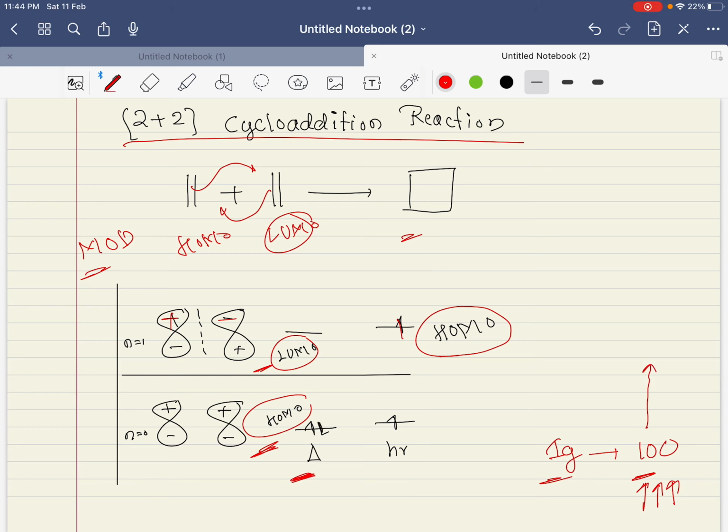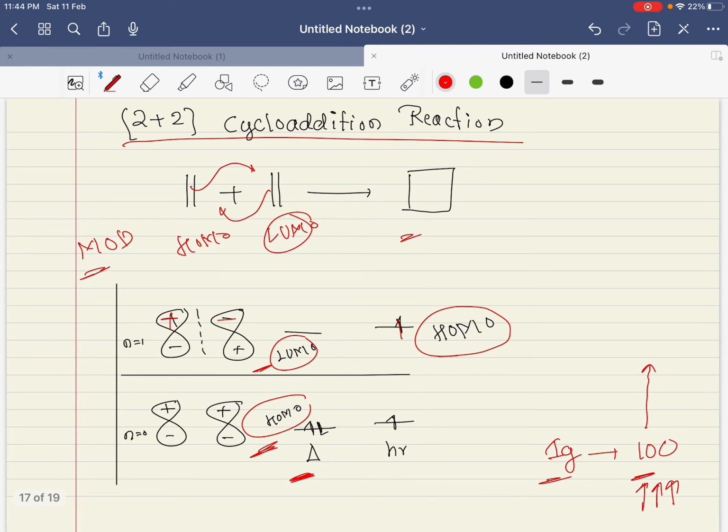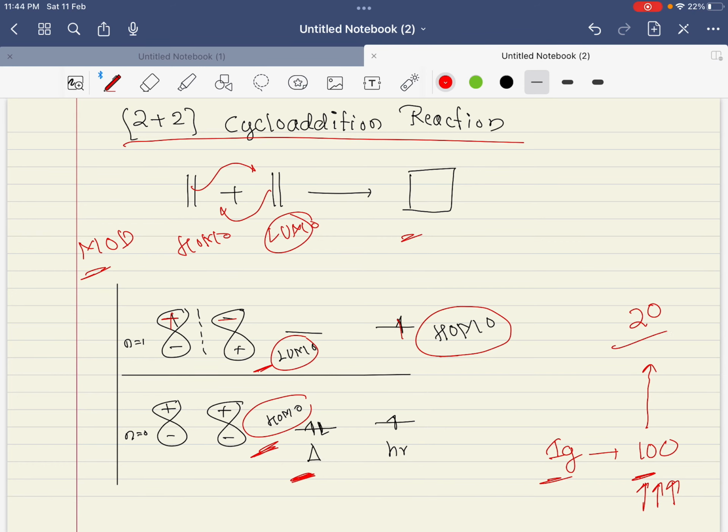Do you think all the molecules will be excited? No. Out of 100, only nearly 20 will be excited and 80 will remain in the ground state. What will happen in a photochemical condition?